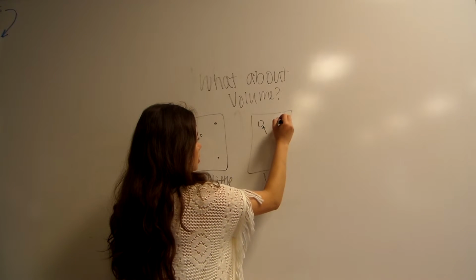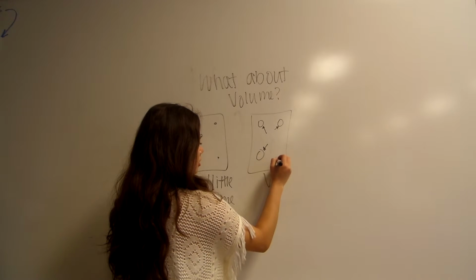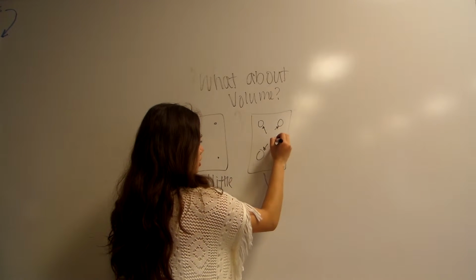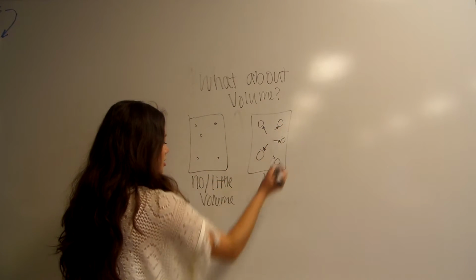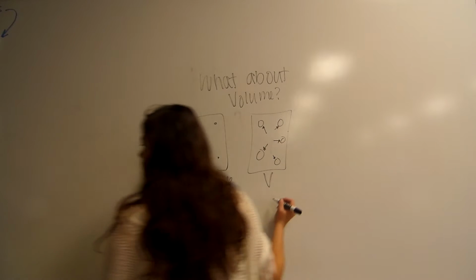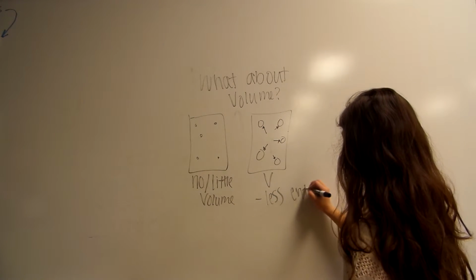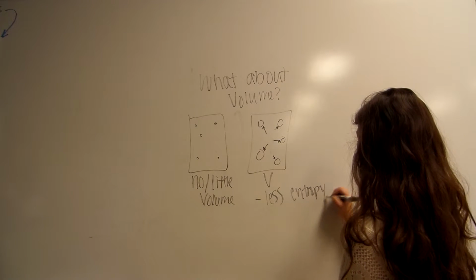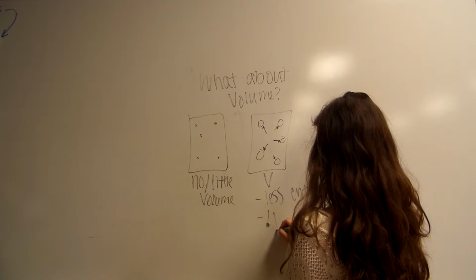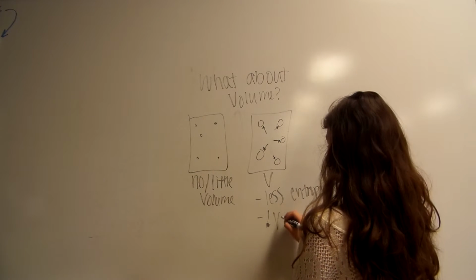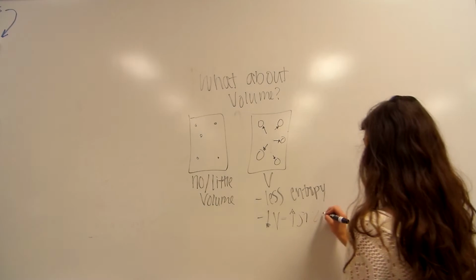So they're larger, they're bigger in size, and in turn create more collisions with the sides of containers. So having volume gives it less entropy, which is randomness, and it lowers the volume, which in turn happens because of the increase in size.